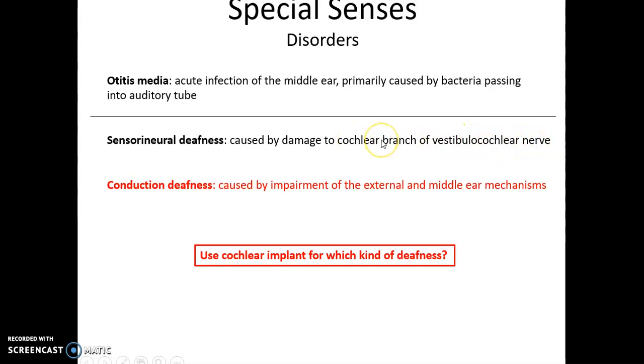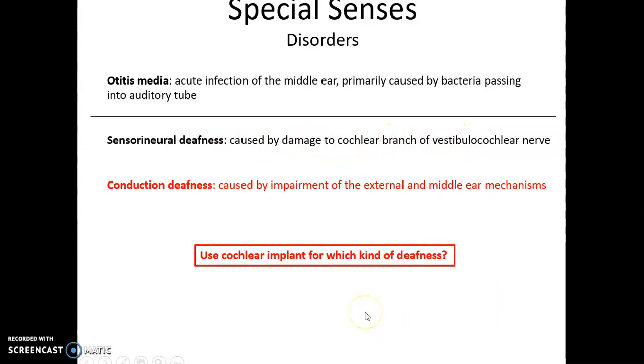So the nerve itself is damaged, preventing the transmission of that signal. And then there's conduction deafness. Conduction deafness is when there's some kind of impairment or damage in the external or middle ear. So it is a structural damage to the mechanisms for transmitting the vibration versus a neural damage to the nerve itself.